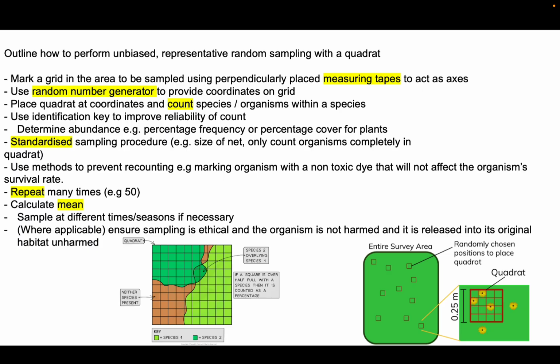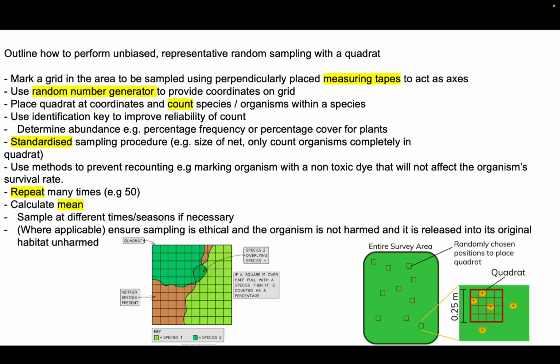And then you could repeat many times. A number that I always go for is 50. Realistically and practically, it's probably a bit too high. I think in exams it's above 15 that they like to accept, but it doesn't hurt to go way higher just to be sure. And then you can calculate a mean, which I'll mention later.